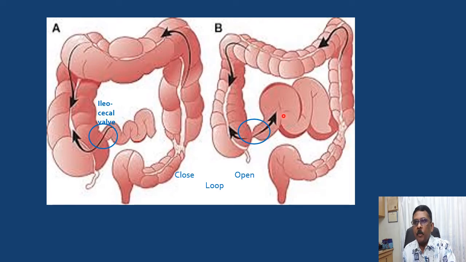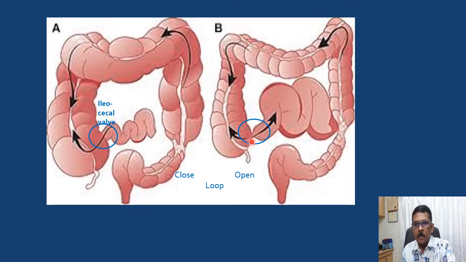Okay, when you do an X-ray in a closed loop obstruction, the cecum will be grossly distended. The sigmoid colon distal to the obstruction will be collapsed, and the small bowel will not be distended.